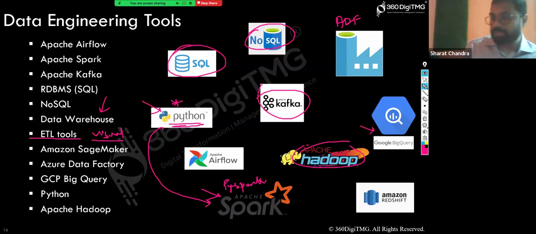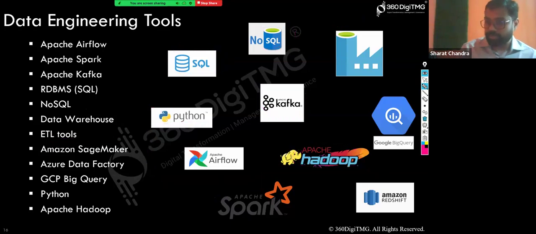BigQuery is popular from that perspective, and AWS has Redshift. Here, Azure has something called Synapse. So there are different tools that we will be learning. Each of them has its own purpose, as I'm trying to explain here. And we will start from Python, because without Python, a lot of things are not possible.